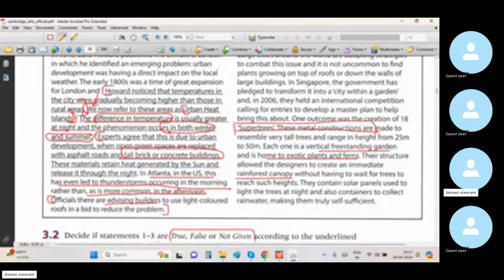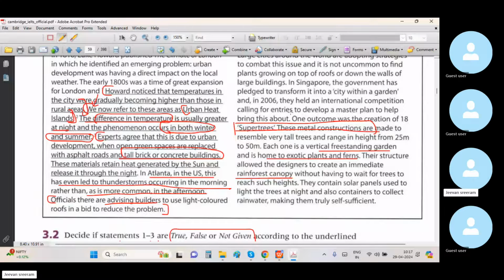It has been mentioned like an outcome. They have welcomed some entries to develop a master plan to help bring this about. Okay, city within the garden. That's their idea. For that particular idea, they welcome some ideas. One of the ideas they have found interesting is super trees.